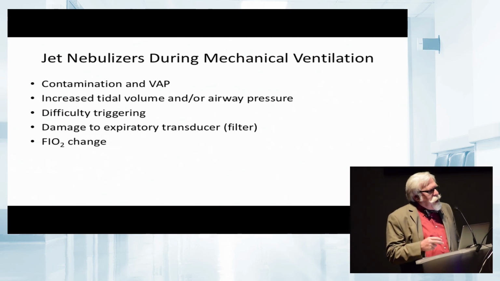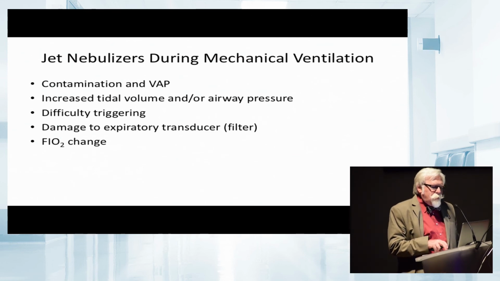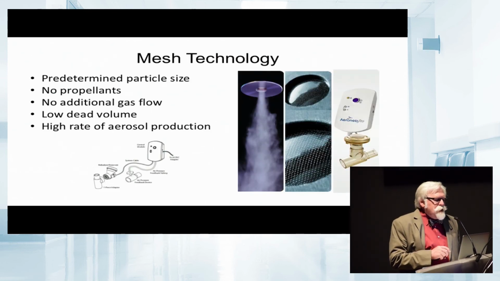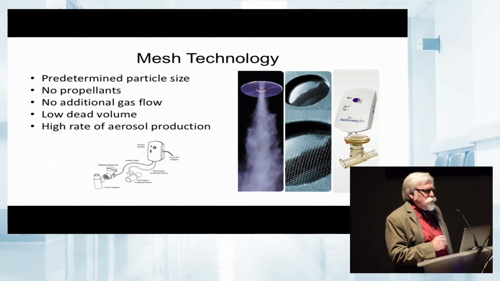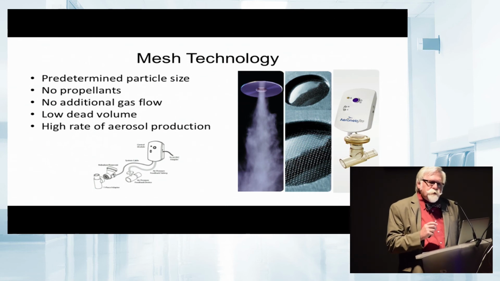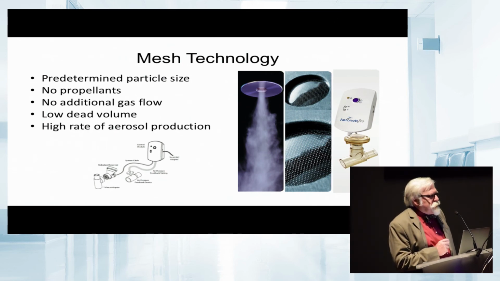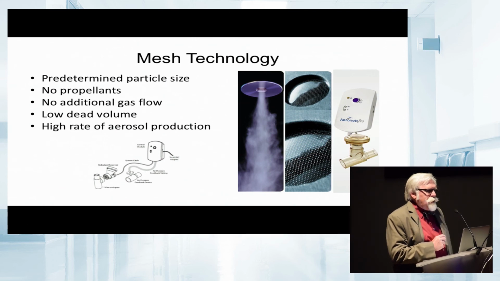To get around these issues with the use of jet nebulizers during mechanical ventilation, increasingly mesh nebulizers are used. Mesh nebulizers produce the aerosol by forcing the liquid through a very fine mesh that breaks the liquid into an aerosol that can then be inhaled by the patient.